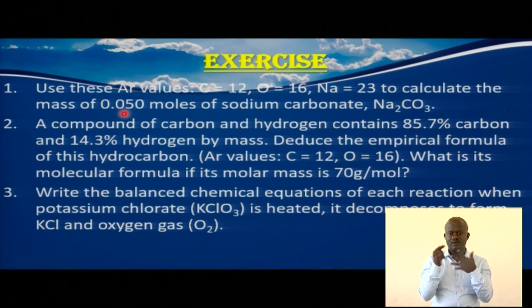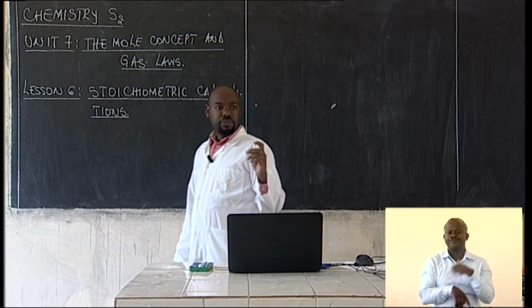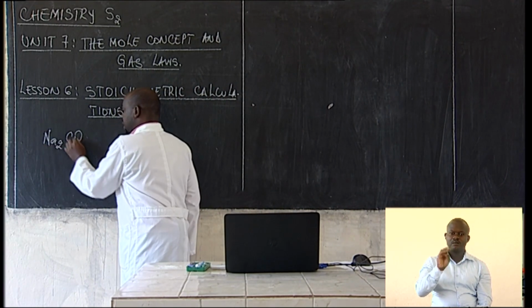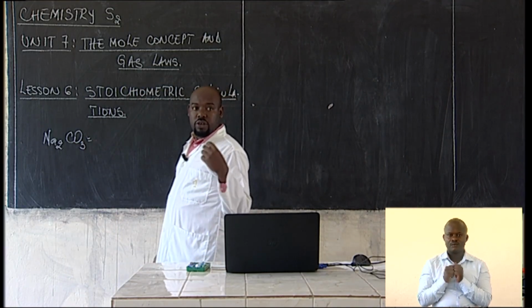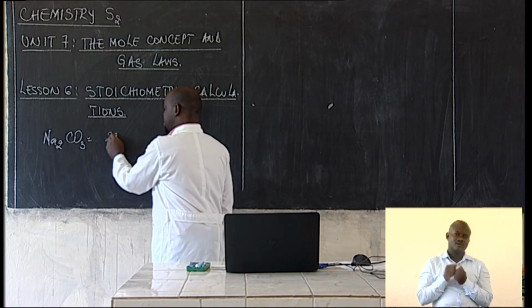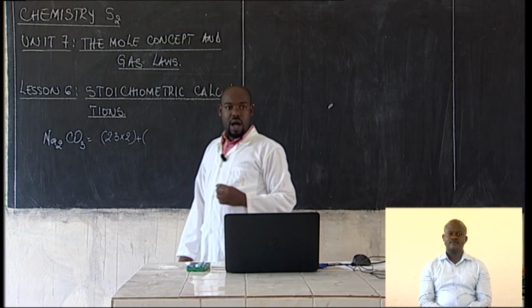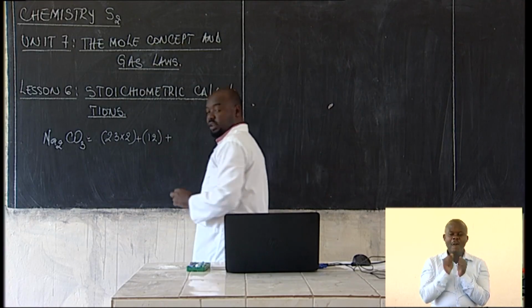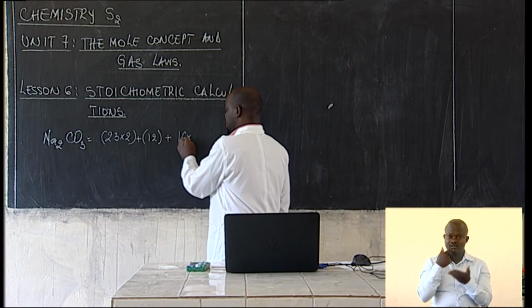How do we deal with this? So the answer is this one. We have sodium carbonate. The molar mass is given by 2 atoms of sodium. For sodium, we have 23 times 2, plus we have 1 atom of carbon, that is 12, plus 3 oxygen atoms, that is 16 times 3.